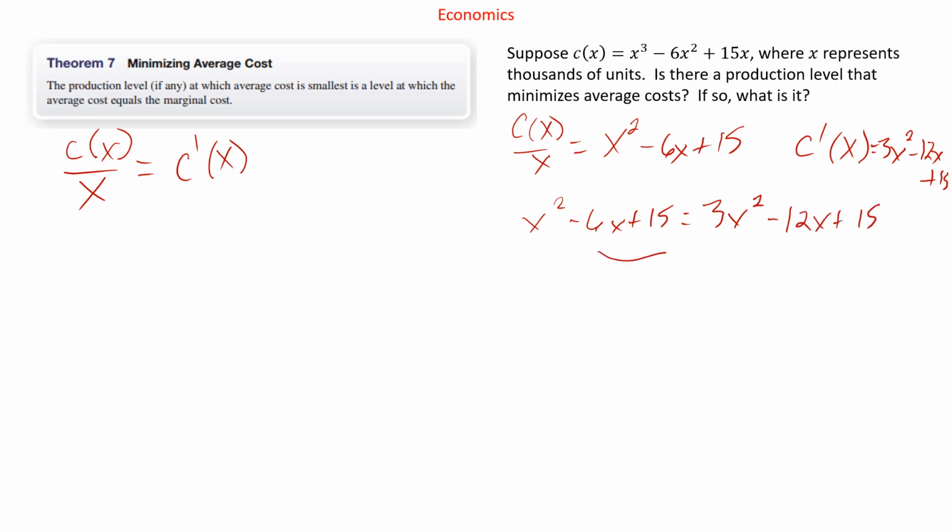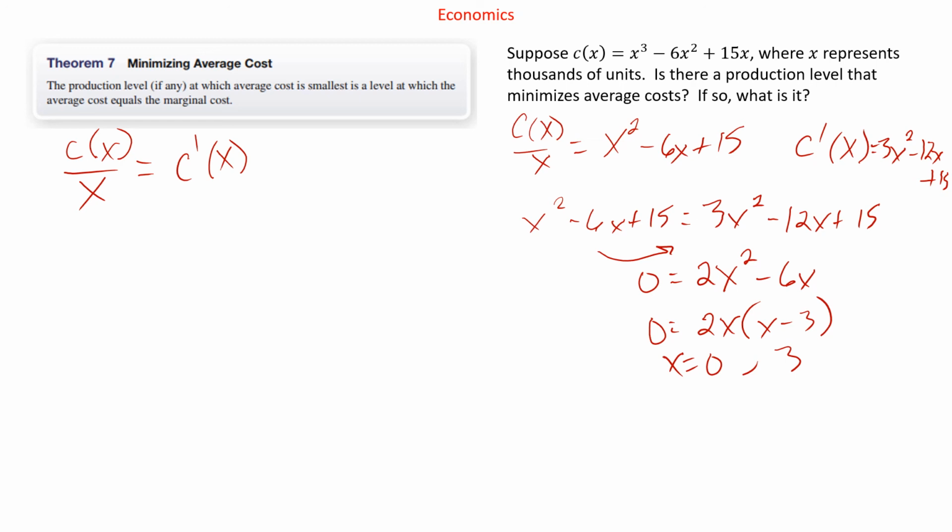We can subtract everything over this way to get 0 equals 3x squared minus x squared is 2x squared. Add the 6x, so negative 12x plus 6x is negative 6x. Subtract the 15, well, that goes away. So we get 0 equals, we can factor out a 2x, x minus 3. So here x equals 0 or 3.